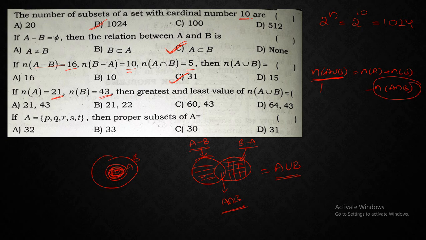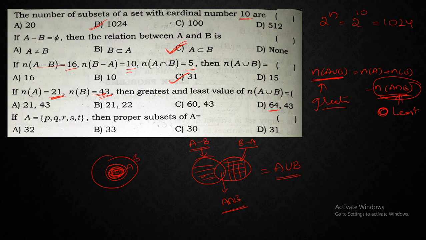If you want the greatest value, the intersection should be least. The least possible value is 0. That means we can directly add these two: 21 plus 43 is 64. So 64 is the greatest value.